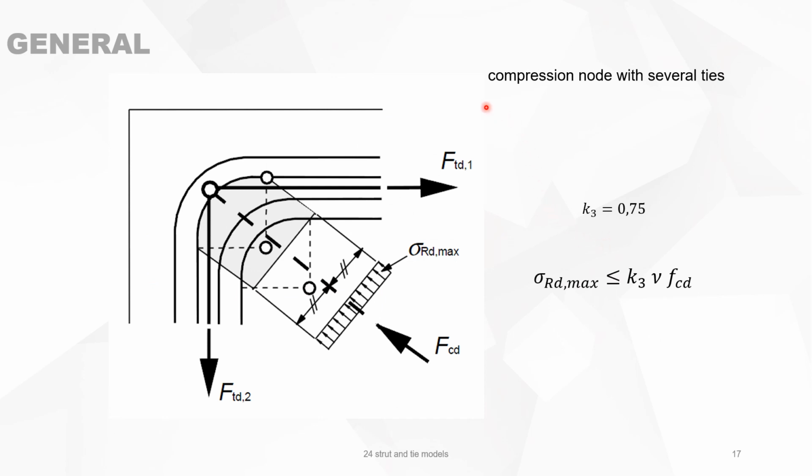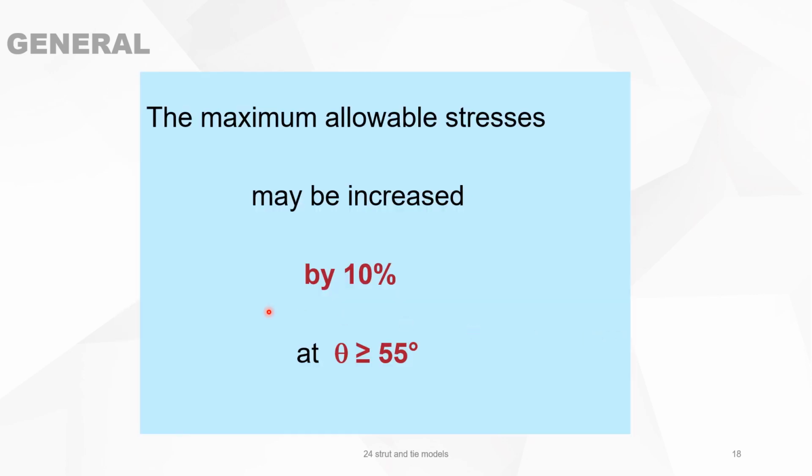And then finally, the compression node coming together with several ties, then K3 is 0.75, and the maximum allowable stress in the node is K3 nu FCD. The maximum allowable stresses may be increased by 10% when the angle of the strut is more than 55 degrees.